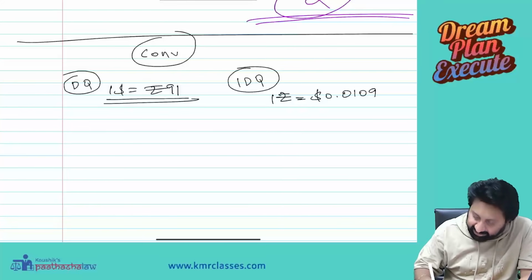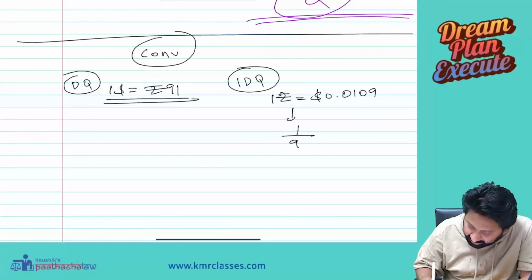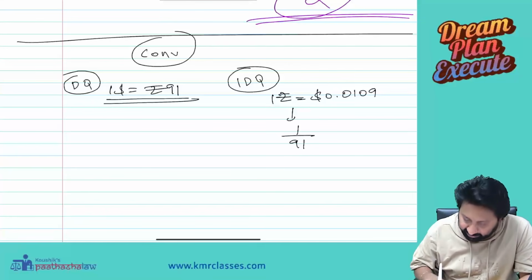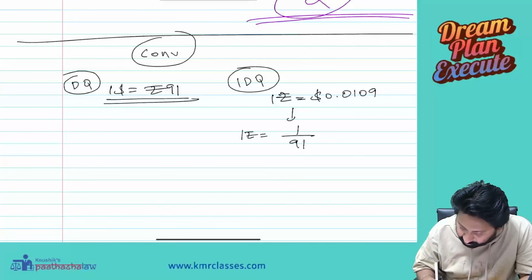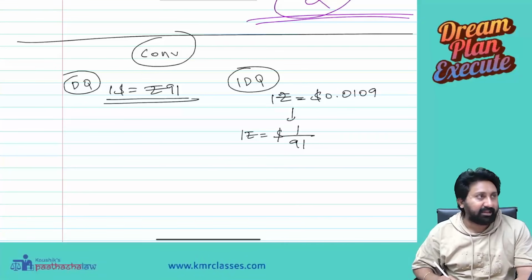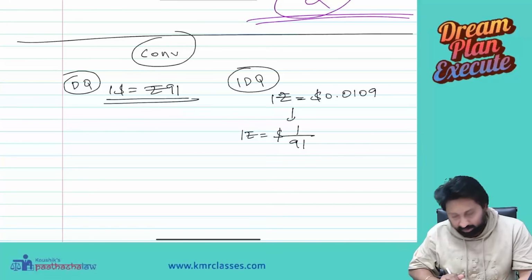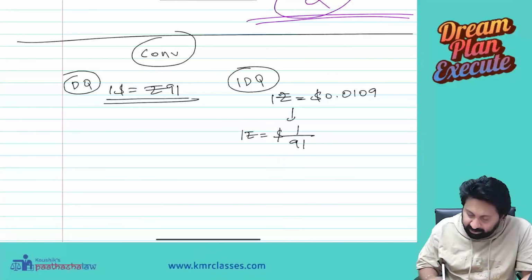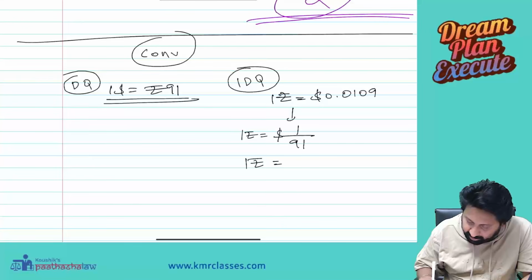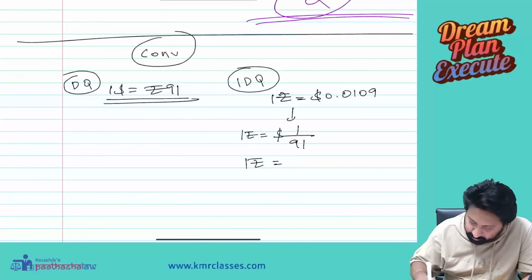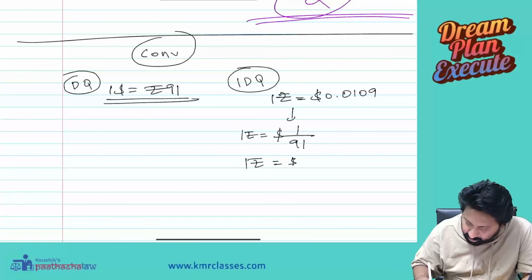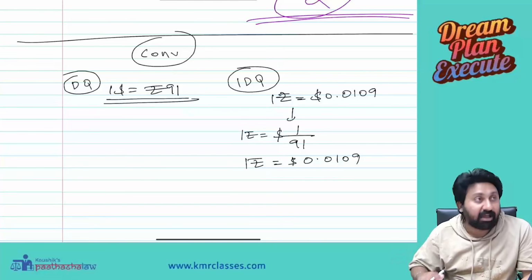What have you done exactly here? I have done 1 by 91. So 1 rupee equals $1 by 91. We got 0.0109 as the answer.